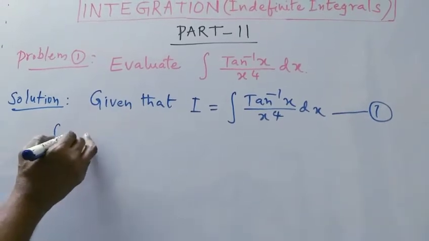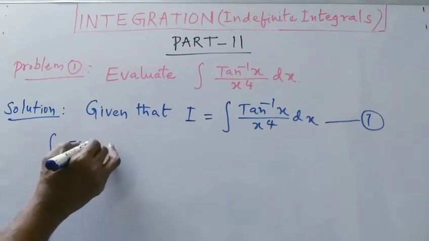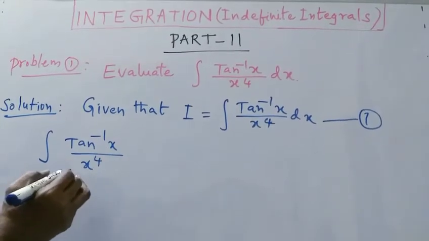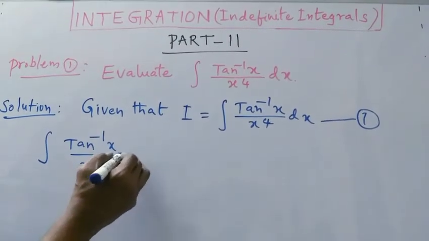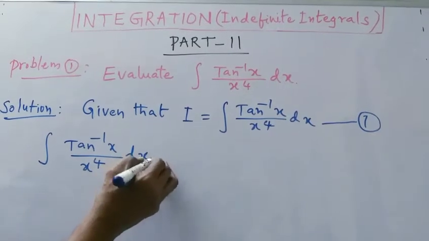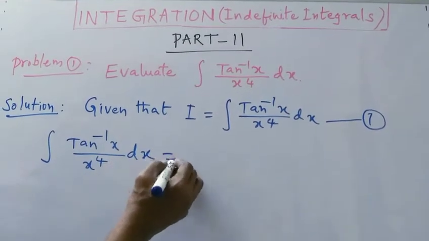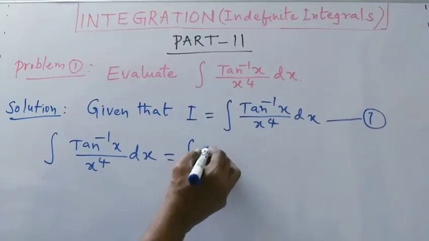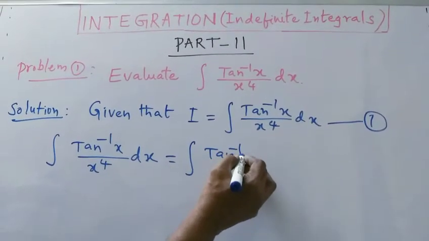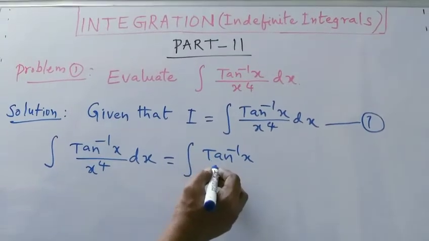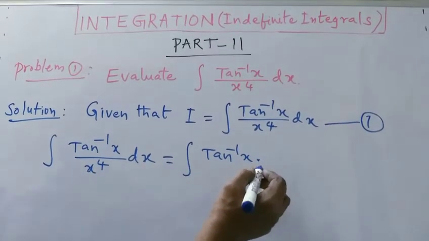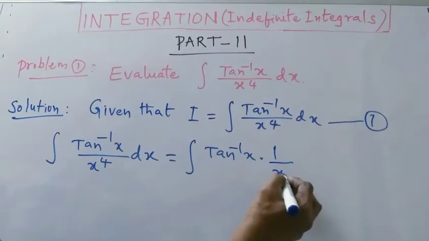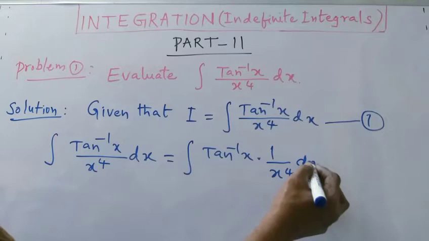Integral of tan inverse x by x to the power of 4 dx is equal to, we can write it as, integral of tan inverse x into 1 by x to the power of 4 dx.